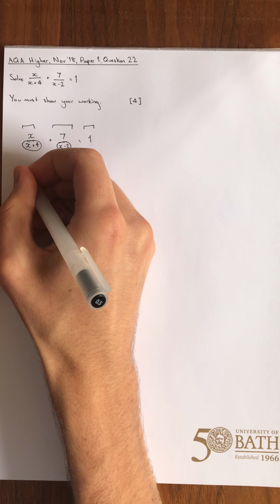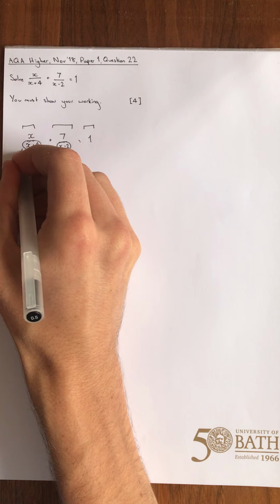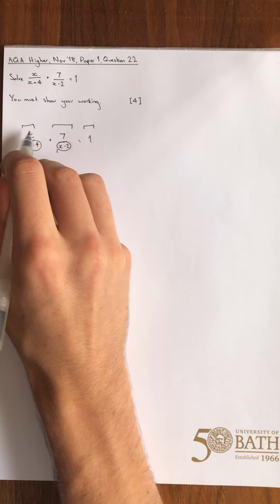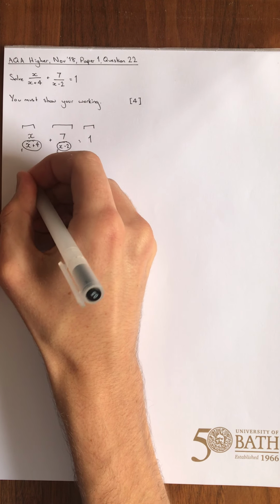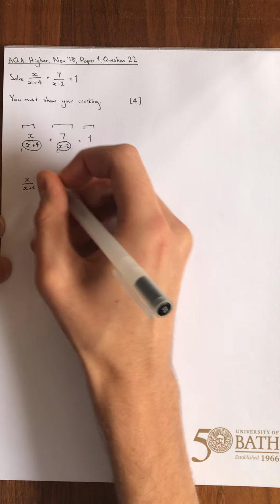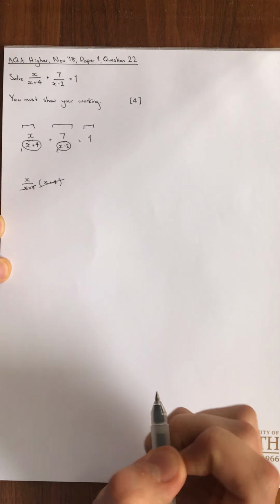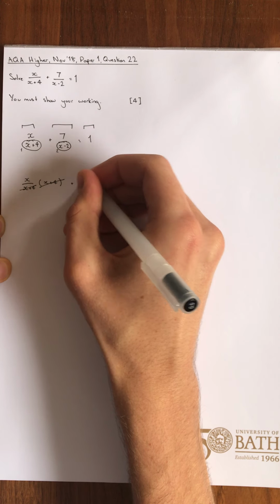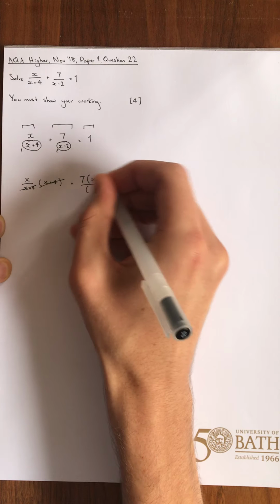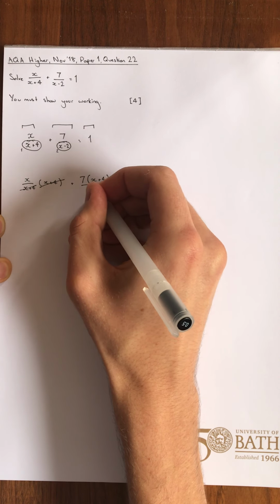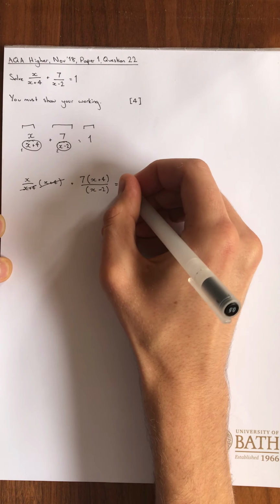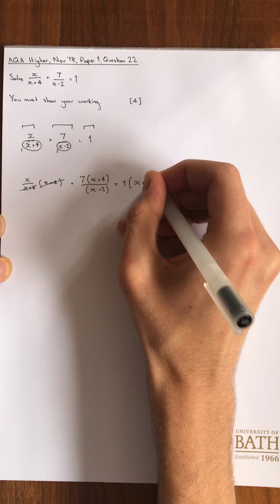First we'll do x plus 4. So x over x plus 4 multiplied by x plus 4 is just going to equal x, plus 7 over x minus 2 multiplied by x plus 4, equals 1 times x plus 4.